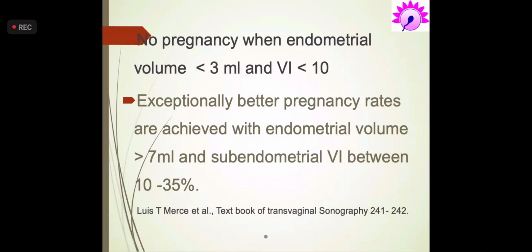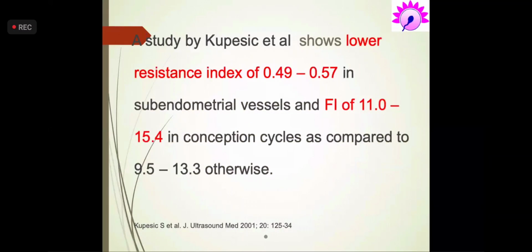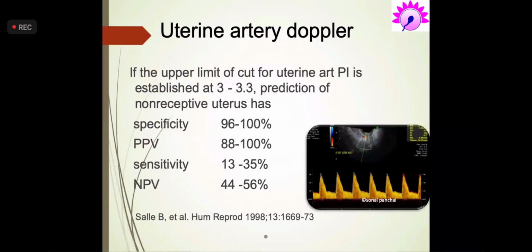No pregnancy was achieved when the endometrial volume was less than 3 cc and the VI was less than 10. And exceptionally better pregnancy rates were achieved when the volume was more than 7 and the endometrial VI was between 10 and 35. Lower RI between 0.5 and 0.57 and higher FI between 11 and 15.4 gave better pregnancy rates according to another study.